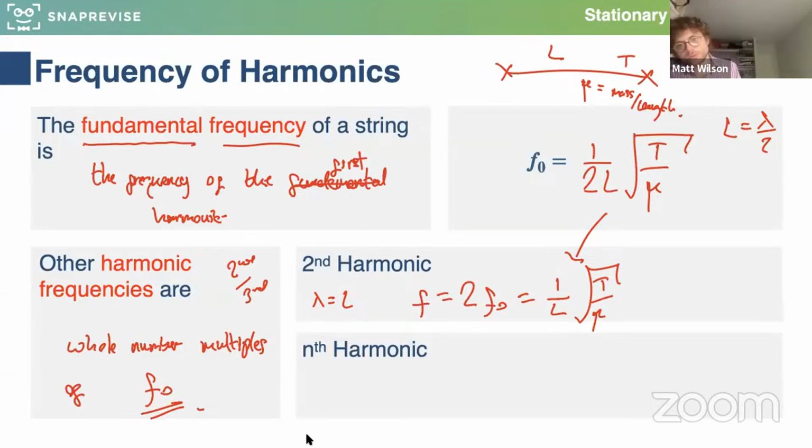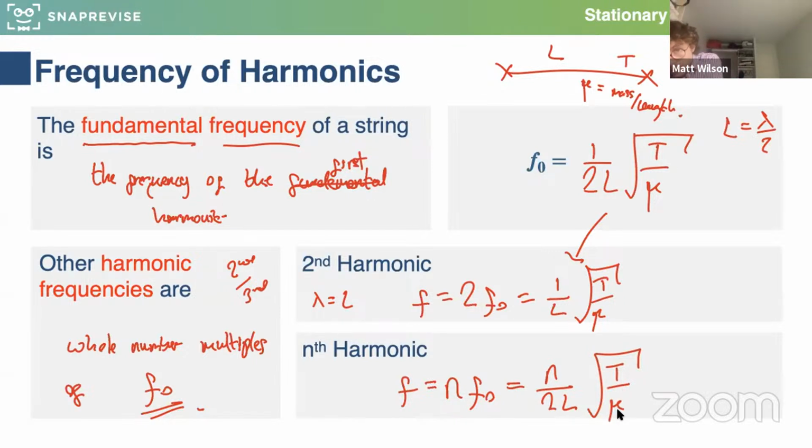Now, for the nth harmonic, the frequency is simply n times the fundamental frequency. And so we can write it as n over 2L square root of T over mu. You can, in principle, deduce the frequency of the nth harmonic from the wavelength of the nth harmonic and vice versa.